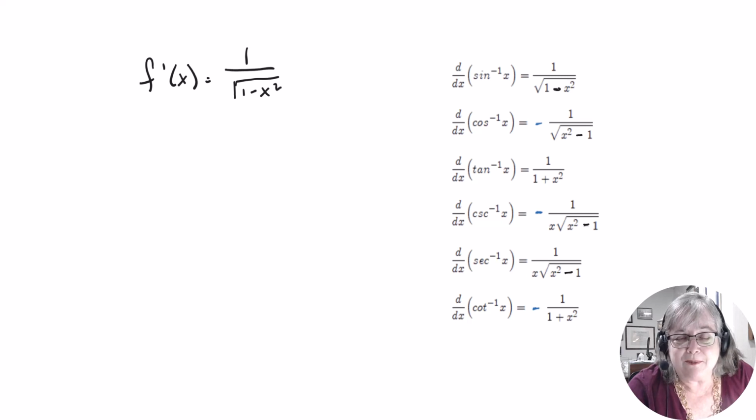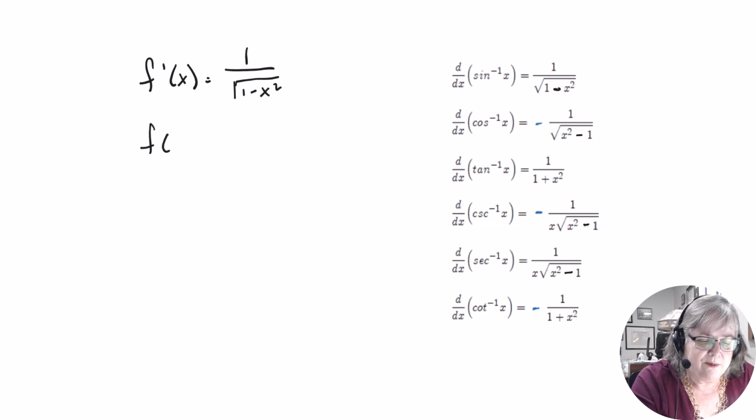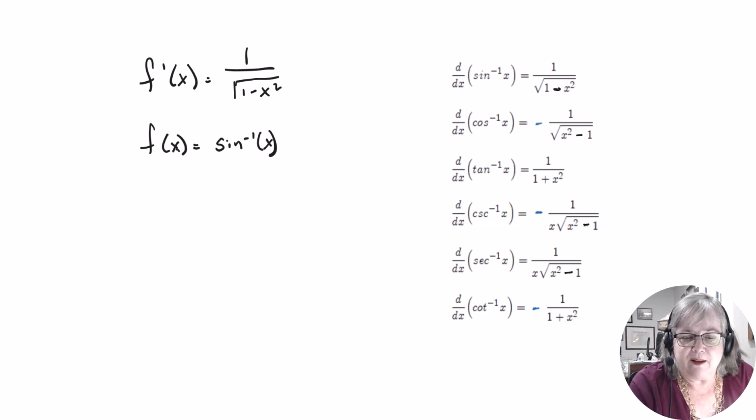So whether it's a mental list or a written list on a piece of paper, you scroll through these and look for the right pattern, right? And you go, all right, that would be for the antiderivative, which is to reverse taking the derivative. That would have said I must have started with the inverse sine, because the derivative of that is 1 over the square root of 1 minus x squared.